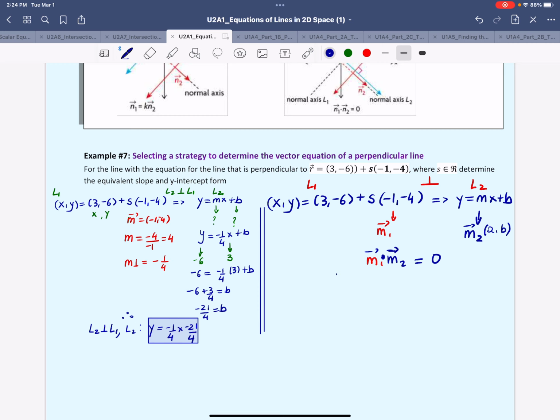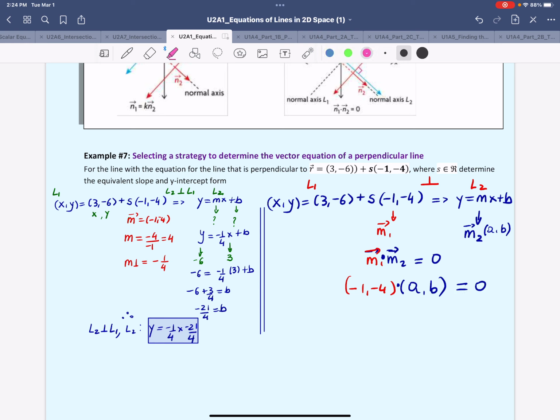So m1 is negative 1 comma negative 4, and m2 is simply a and b. So the dot product must be 0.